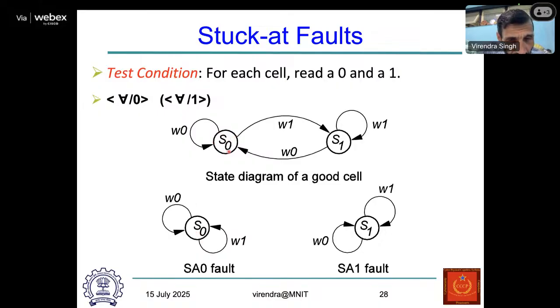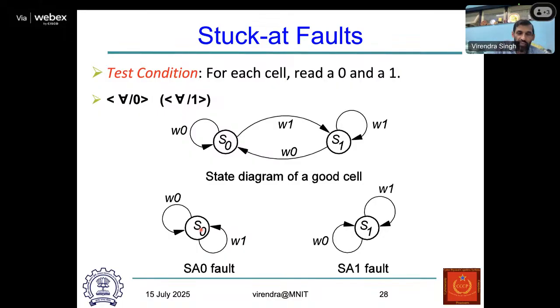Then what can be the test? It has to be in state 0, and if I write 1, in a good cell it is supposed to go into state S1. However, in a bad cell it will stay in the same state 0, and therefore if I observe the state after this write 1 operation, I should be able to distinguish whether that particular cell has stuck at 0 fault or not, right?